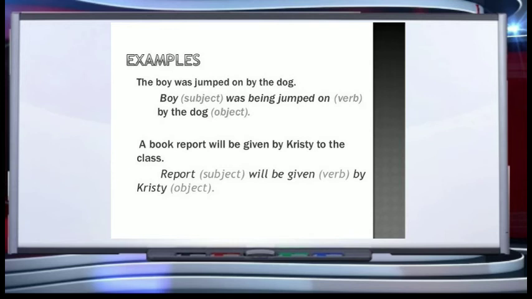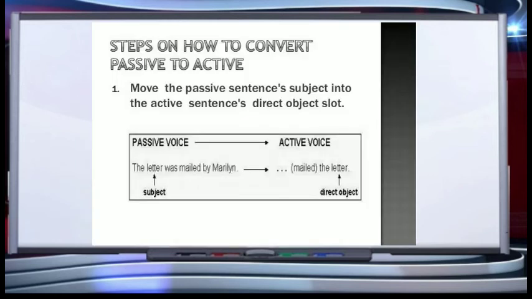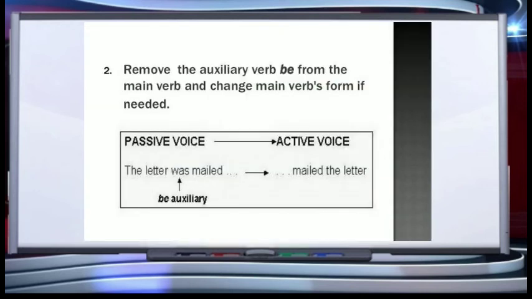Now, how do we convert a sentence in the passive voice to the active voice? First of all, children, move the passive sentence's subject into the active sentence's direct object slot. That is, the subject and the object, once again, they will interchange their position.